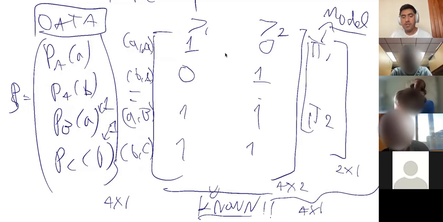For this known coefficient matrix of ones and zeros, is there a pi, which is unknown, such that it generates the data in the left-hand side? The model is in the right-hand side and the data is in the left-hand side. If there is a model in the right-hand side that generates the data by means of this known coefficient matrix, then random utility is not rejected. And in fact, there is a random utility rule, pi, that generates the data.